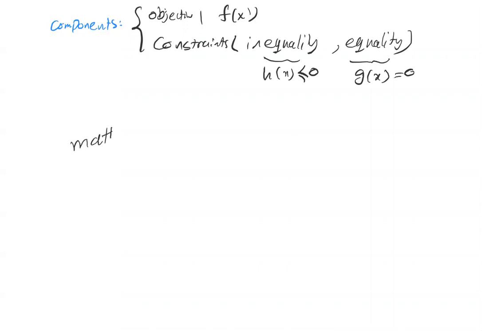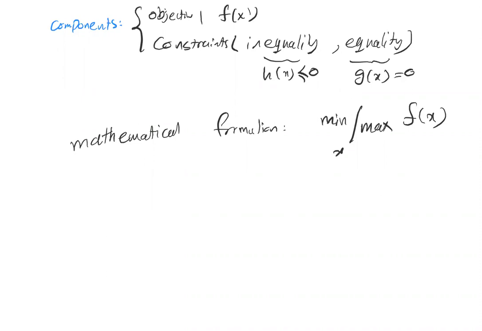And then we talked about the mathematical formulation of an optimization problem. It could be either minimizing or maximizing f of x with variables x subject to constraints. Constraints are either equality or inequality constraints.